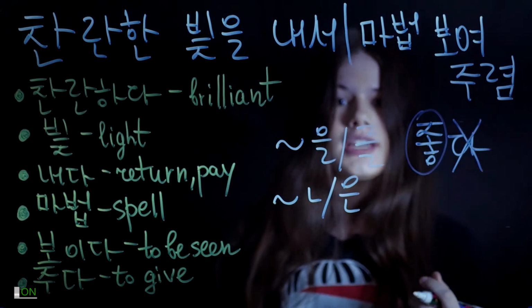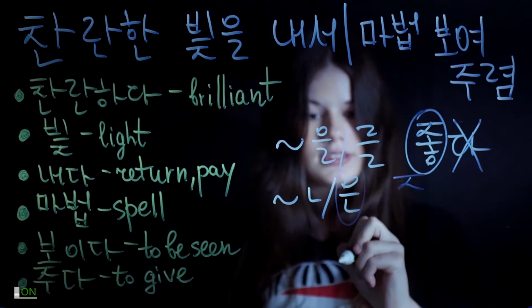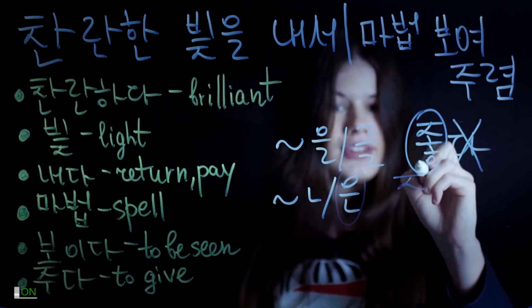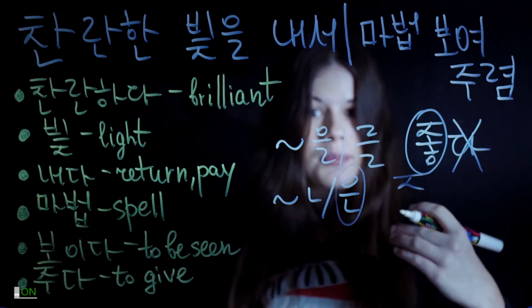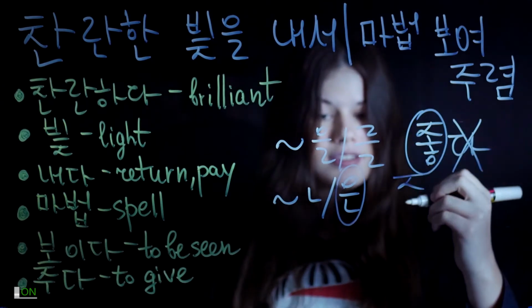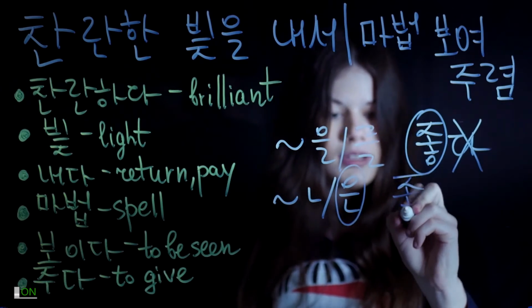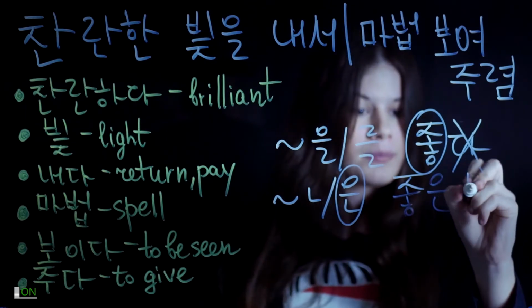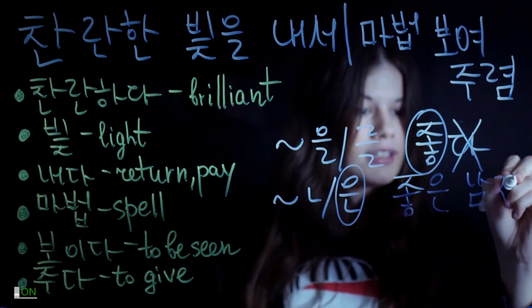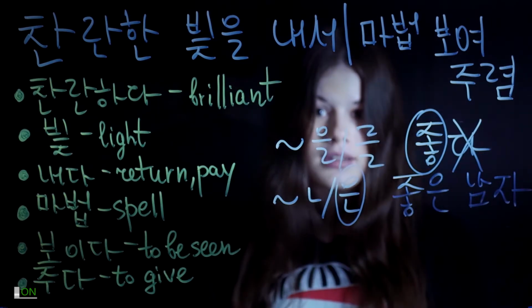If we wanted to say a good man, we would simply attach 은, because here the stem ends in a consonant. That's why we add 은. So it will be 좋은, and the word for man will be 남자. So 좋은 남자. It will be a good man.